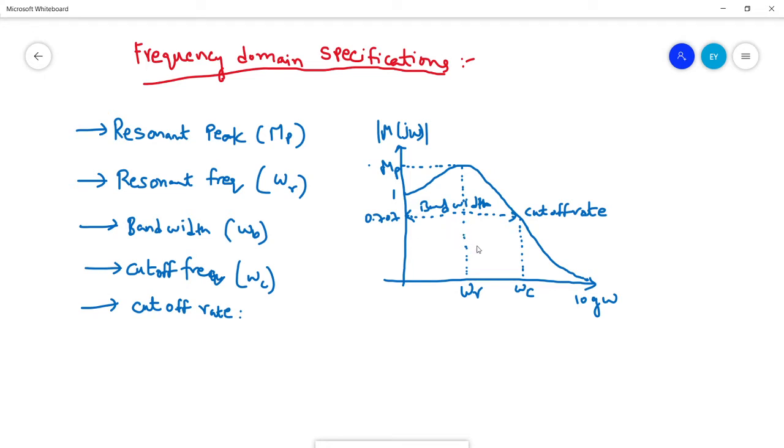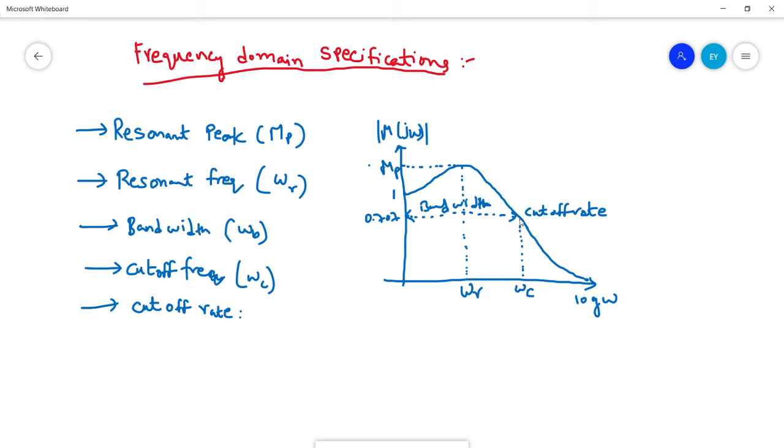Then omega c is the cutoff frequency, the frequency at which the magnitude M of j omega is 0.707 times the maximum value, right? Whatever maximum value you get, 70.7 percent or 0.707 of that value gives us the cutoff frequency.